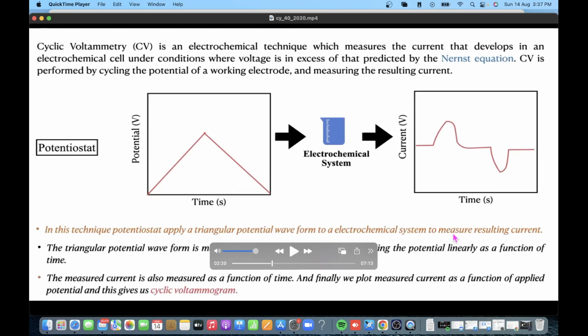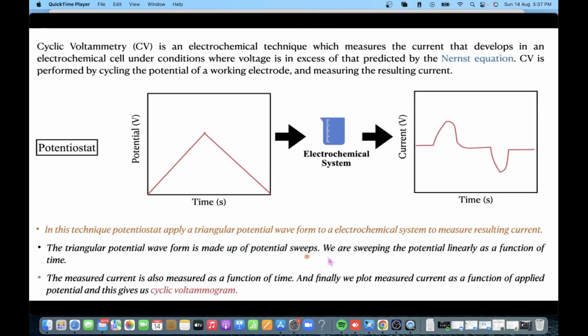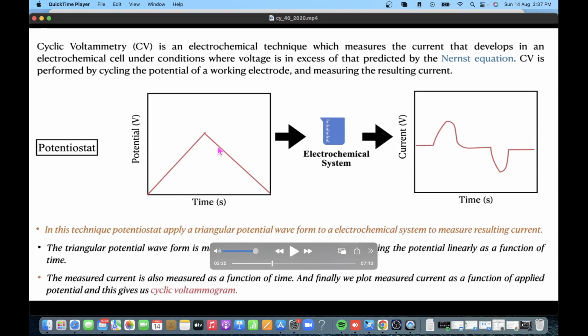The triangular potential waveform is made up of potential sweeps. You can have a look at this triangular form. Potential sweep means the potential changes from positive to negative.